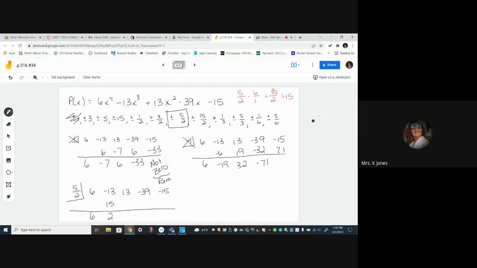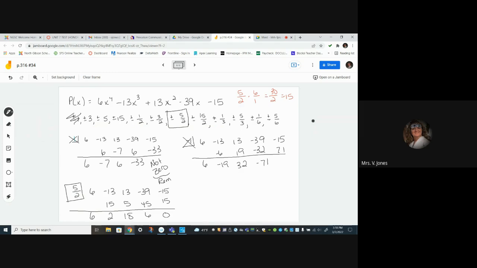Then we take 5/2 times 2. You get 5, and then you add. You take 5/2 times 18. You get 45, and then you add. You take 5/2 times 6, you get 15. And when you add, you get a 0. That means that 5/2 is one of your roots.